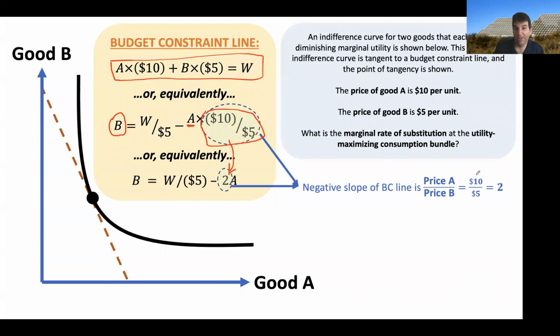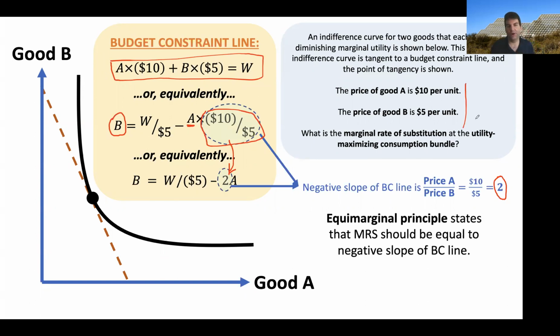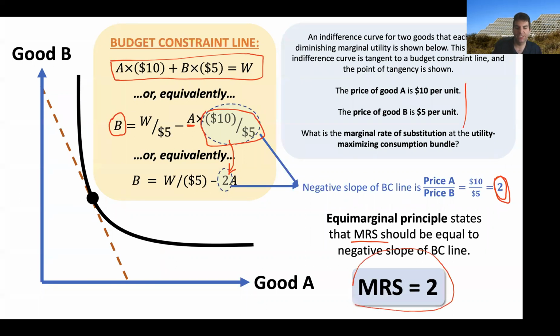So another way to view that is that the slope of this line is equal to the ratio of the prices. So we know the equimarginal principle states that the marginal rate of substitution at this maximizing bundle is equal to the slope of the budget constraint line. And so that tells me that my marginal rate of substitution at this budget constraint line is also equal to 2.